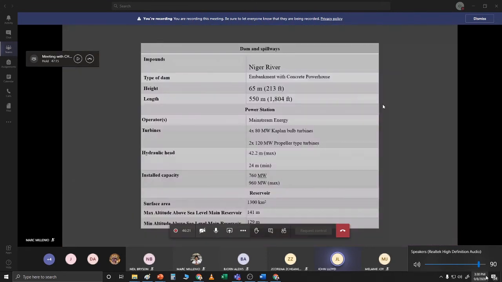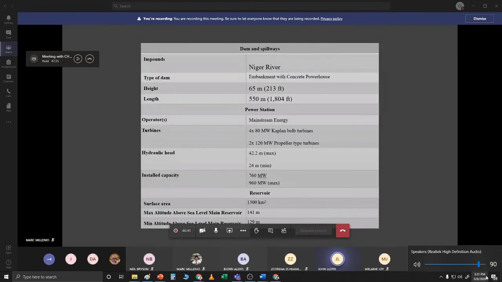So the type of dam is an embankment with concrete powerhouse with a height of 65 meters and length of 550 meters. The turbines are 4 80 megawatt Kaplan bulb turbines and 220 megawatt propeller type turbines.